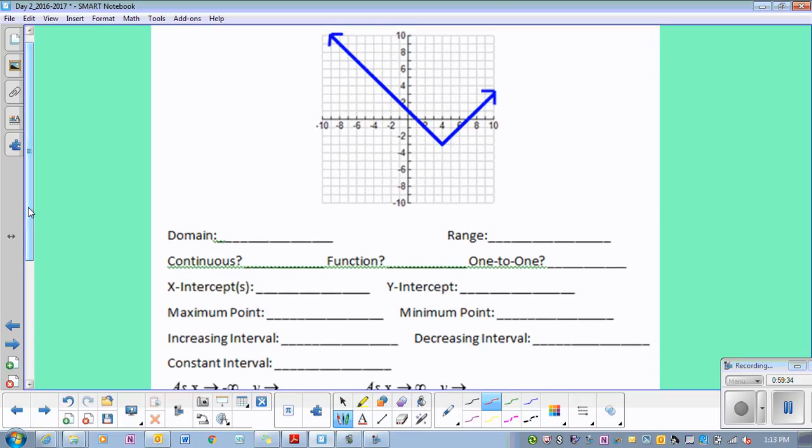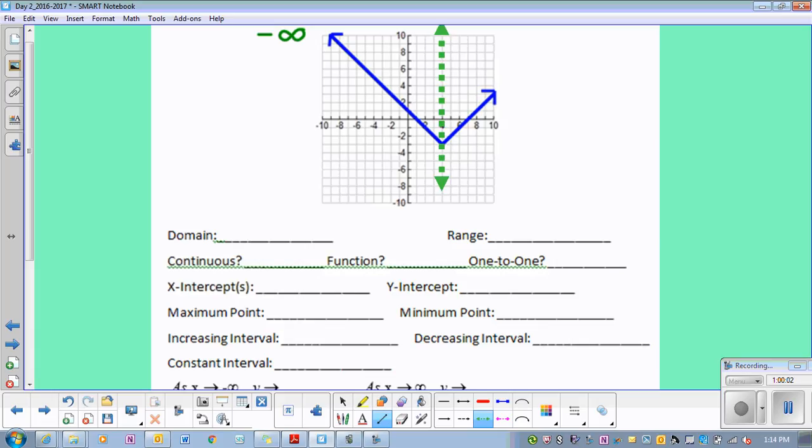So, for this one, I have an arrow over here on the left. So, think about it, right? We're talking about x numbers. If I have an arrow going to the left on my x-axis, where am I going? Negative infinity. Yep, negative infinity. So from negative infinity all the way to, where does this graph change direction? Yeah, right there.